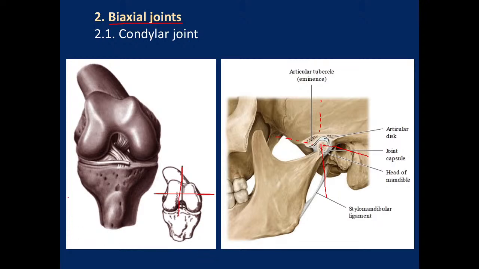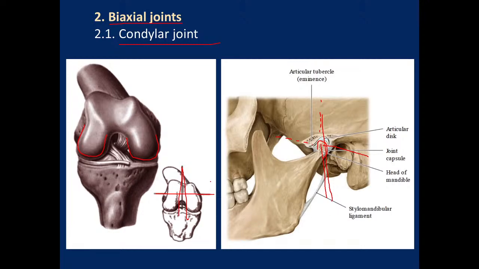The examples of biaxial joints are condylar joints. They have such a name because they have condylus, the processes of bones, and here also condylus, the processes of bones. So we call them condylar joints. Usually they have two axes. One of them is vertical.